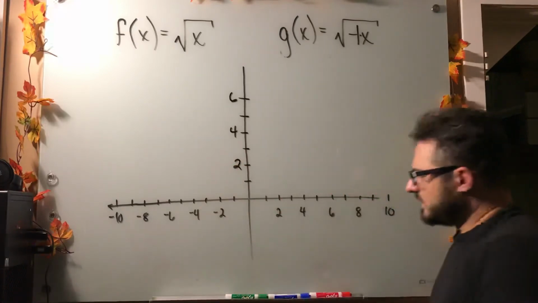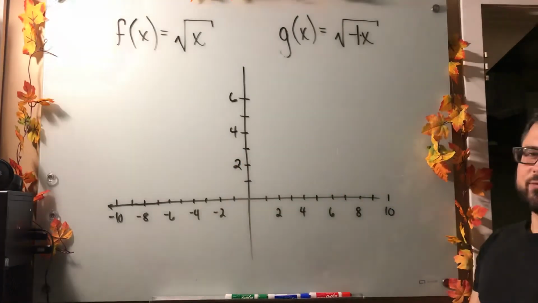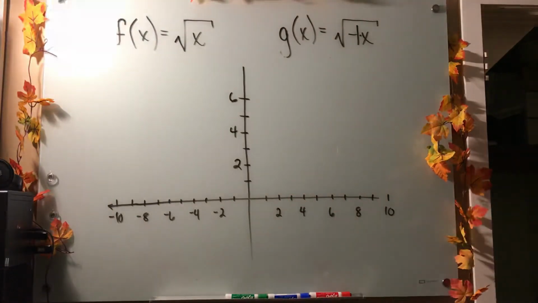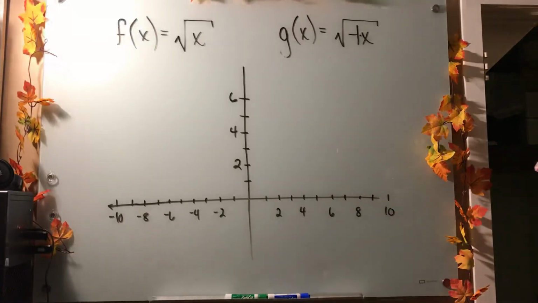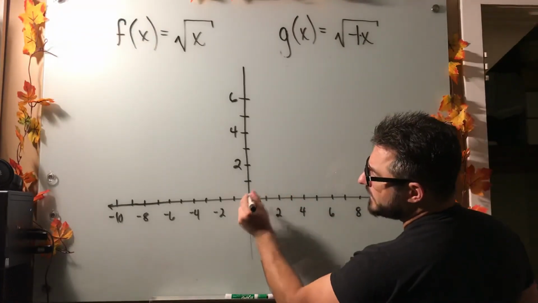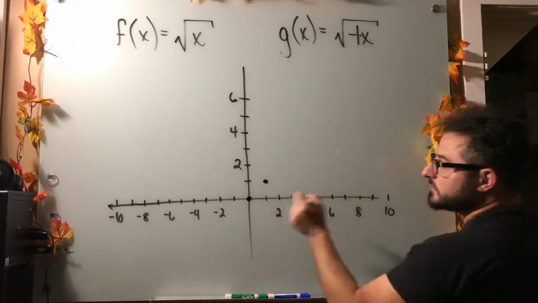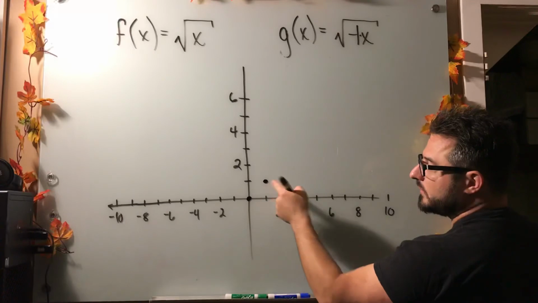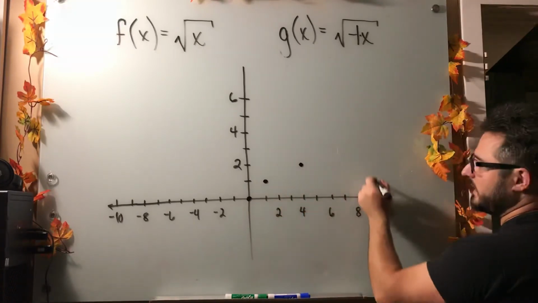So, the first point we did was at a y value of 4, but we saw that had to go all the way up to 16 and negative 16, so not the best point as far as graphing is concerned. But let's again start with what we know, and that is that the original square root function goes through the points 0, 0, 1, 1, 4, 2, and 9, 3.